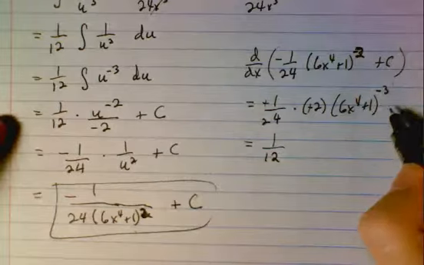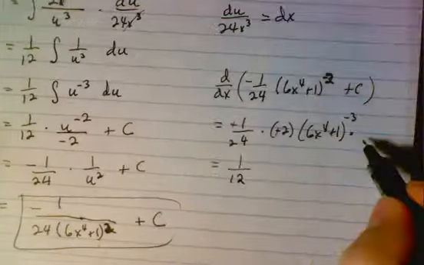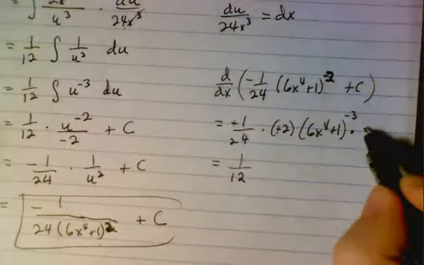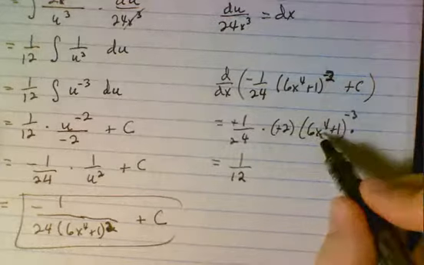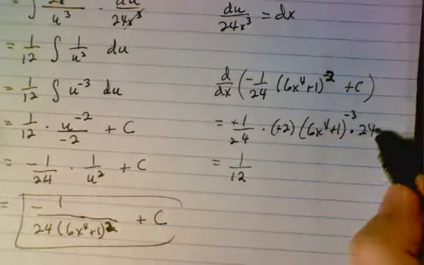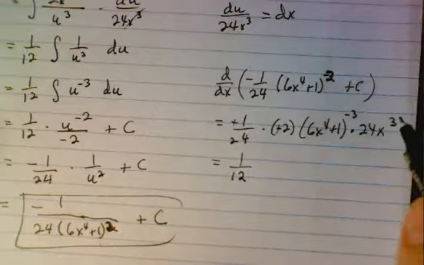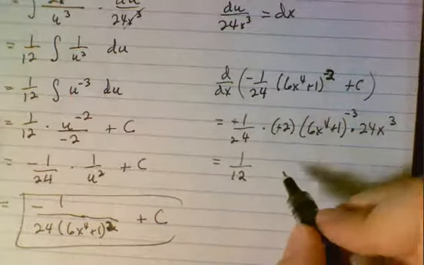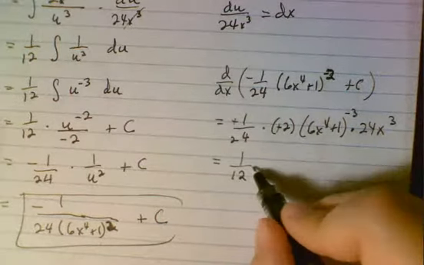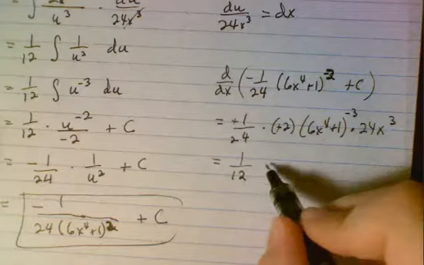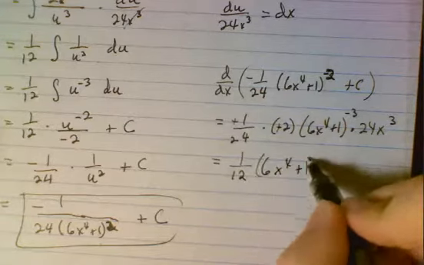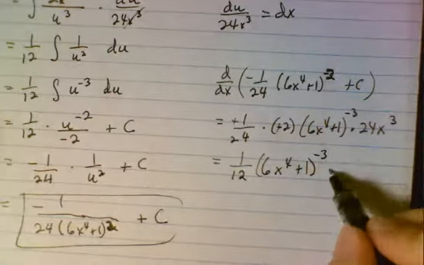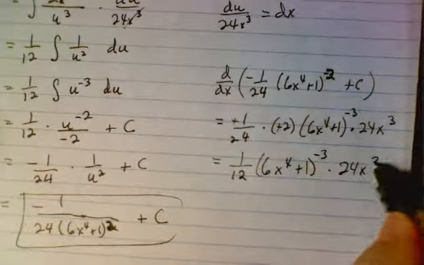And then as I'm going along here, I notice that I forgot to put in my chain rule. I've got to do the derivative of this over here. 4 times 6 is 24, x to the third. So what I have is this is times 6x to the fourth plus 1 to the negative third power times 24x to the third.